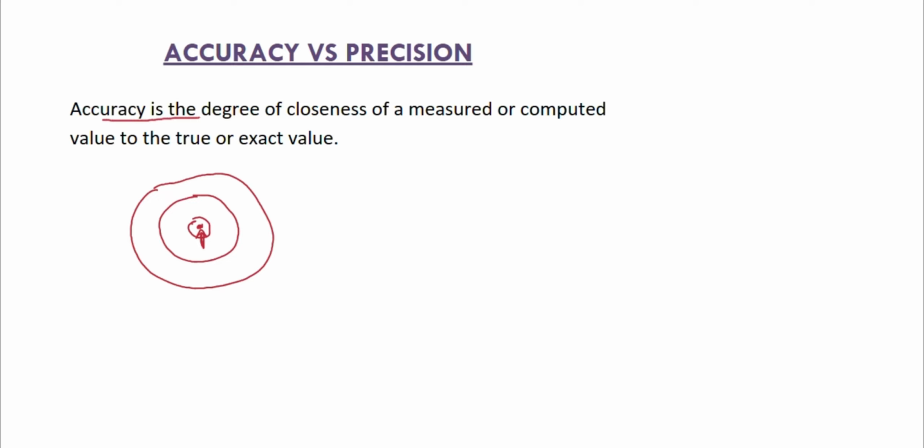So accuracy is the degree of closeness of a measured or computed value to the true or exact value. For example, if the true value is 100 and the approximation is 99.98, this represents a very highly accurate value.